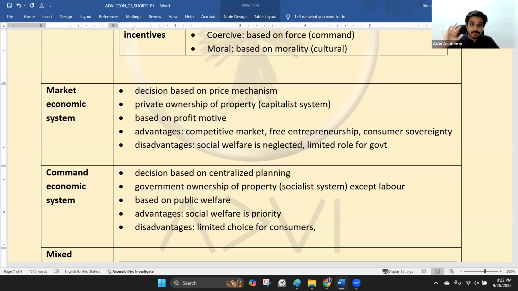If they say you have to wear, you have to wear. If the government decides red hat only, you have to wear the red hat only. There won't be anything else. For the females, it will be sarees, and if it's a red hat, then you have to wear that only. So limited choice for consumers, right?